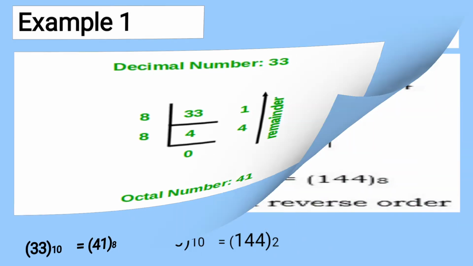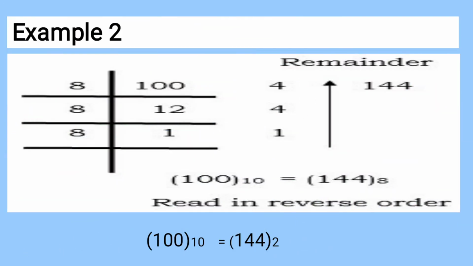Another method is, as soon as you get a value less than or equal to 8, you stop your division process right there. No need to write that extra step, and simply note down your answers from bottom to top. So your final answer again will be 1 4 4. So 100 to the base 10, don't forget to write the base again, is equal to 144 to the base 8.